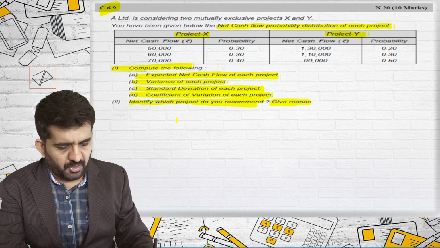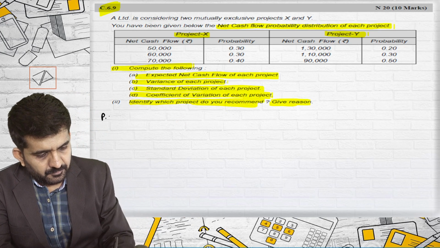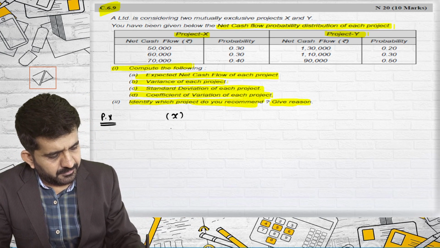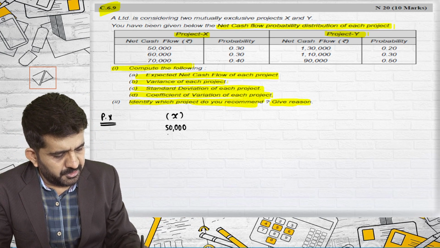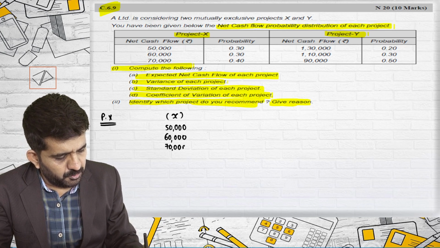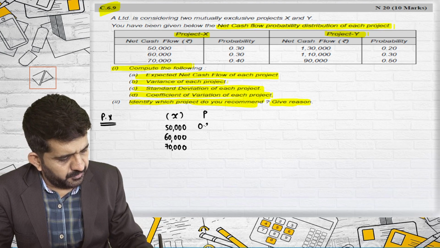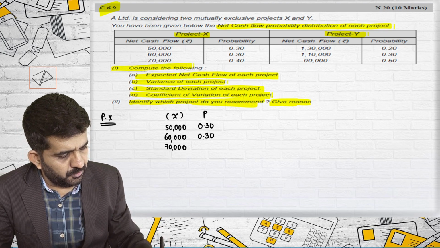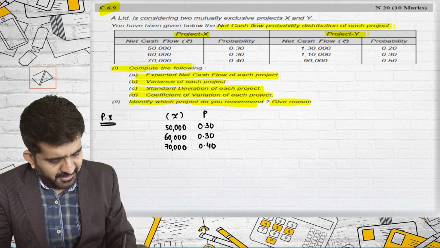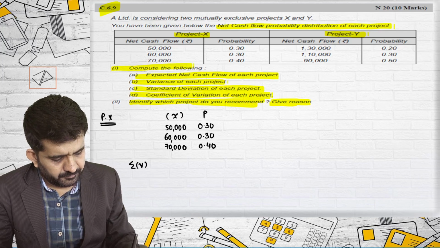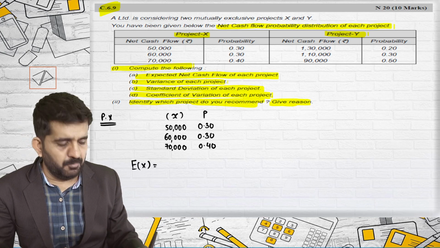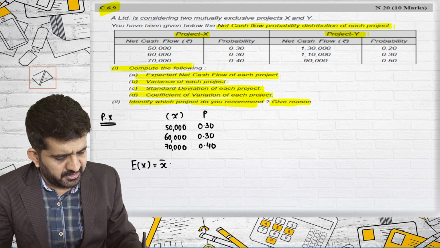I am first doing it for project X. My cash flows are 50,000, 60,000 and 70,000 with a probability of 0.30, 0.30, 0.40. My expected value, it is expected value of X. Symbolically it is written as this, or it is X bar.